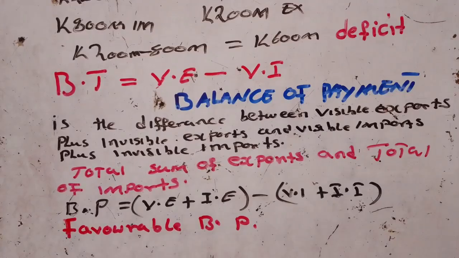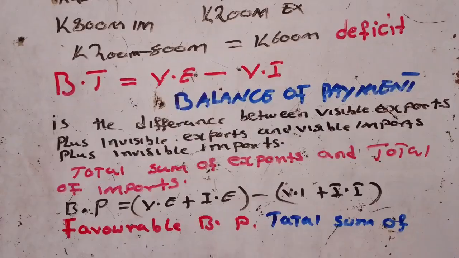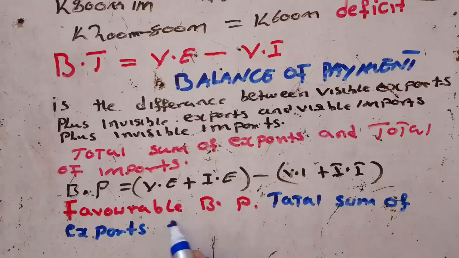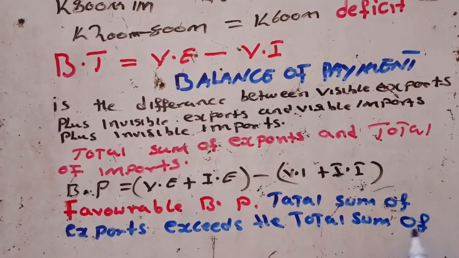In short, we can say that a favorable balance is when the total sum of exports exceeds the total sum of imports.